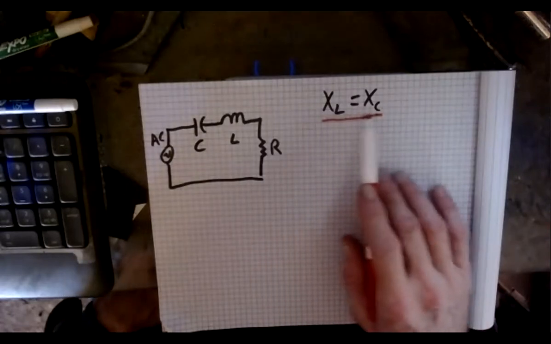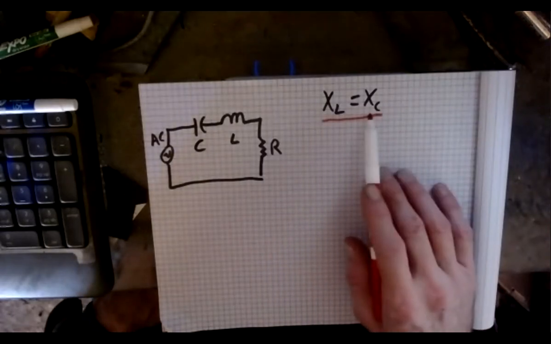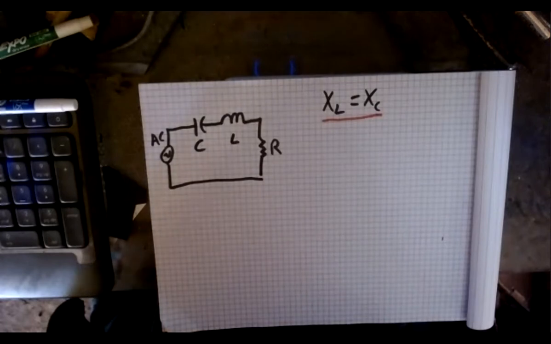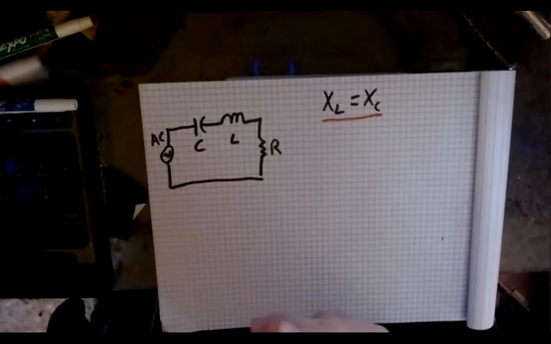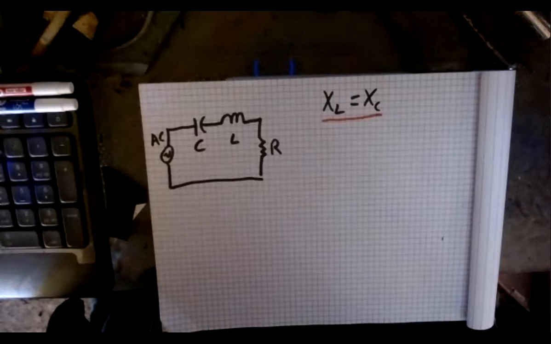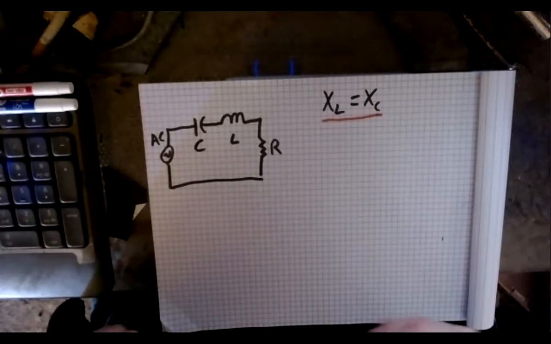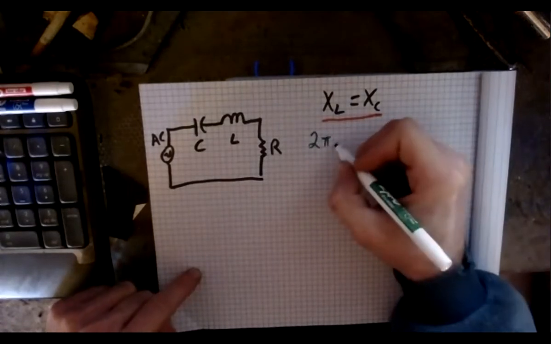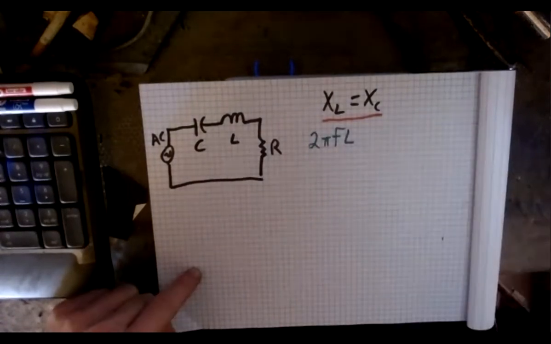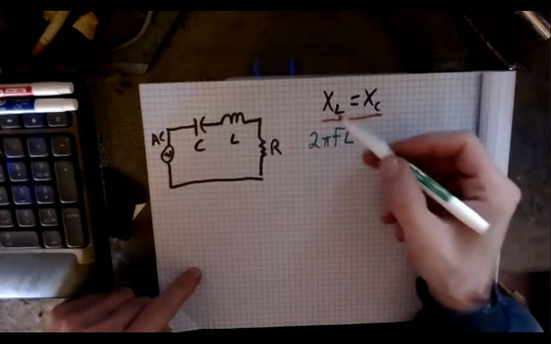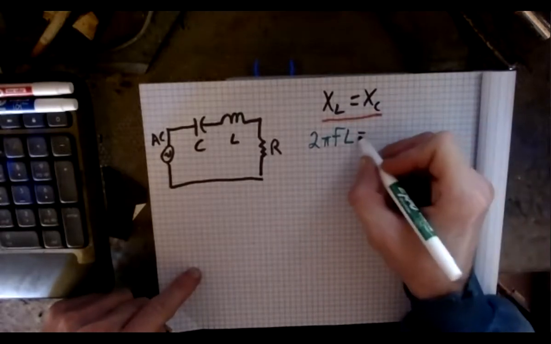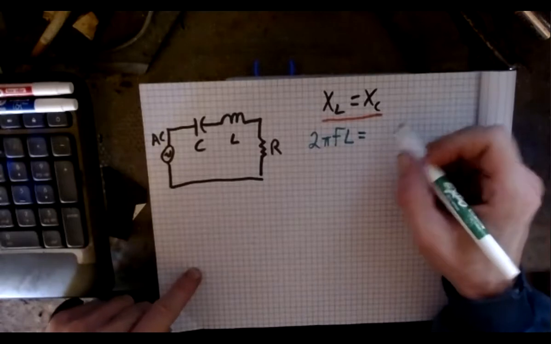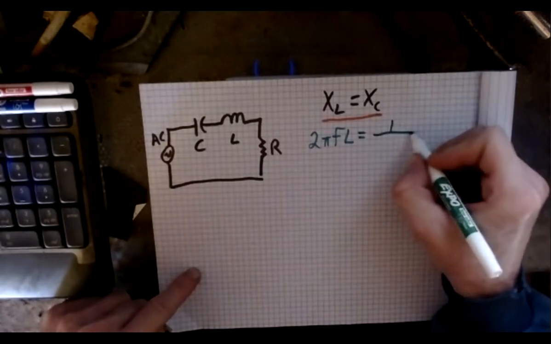Our biggest statement here is that X of L is equal to X of C. From a mathematical standpoint, what really is occurring here? That's the X of L part, and then we'll look this way.